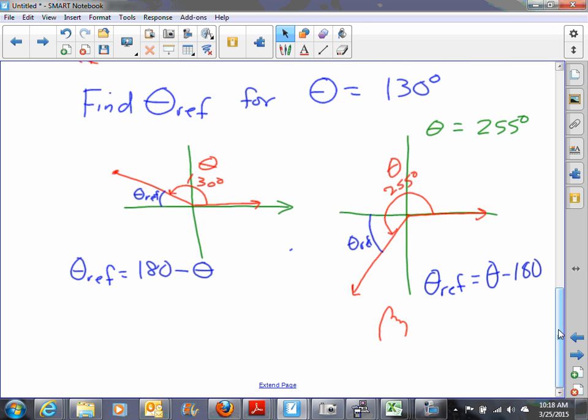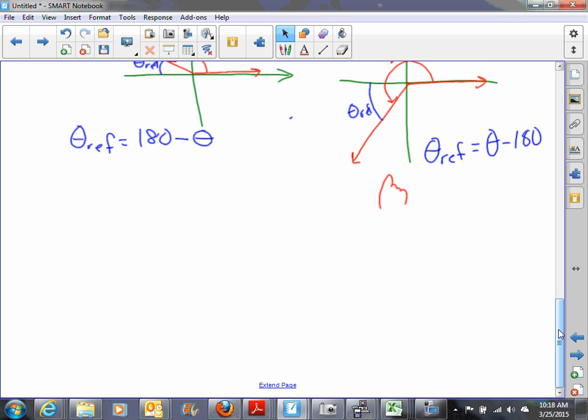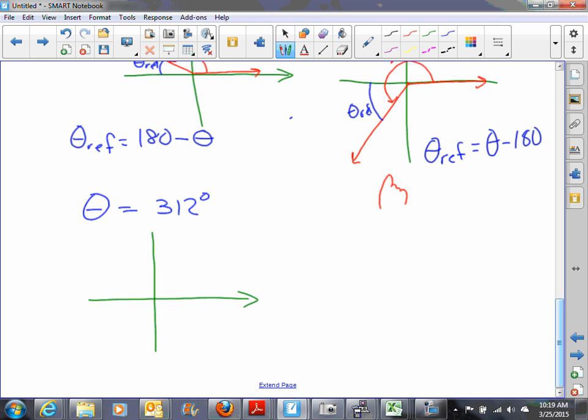Let's try one other one here. Let's let theta be equal to 312 degrees, okay? And we're supposed to find theta ref. All right, now, here again is our xy axis. Our initial ray will be along the positive x-axis, and theta is 312 degrees.